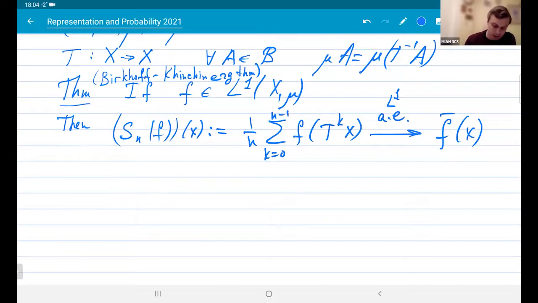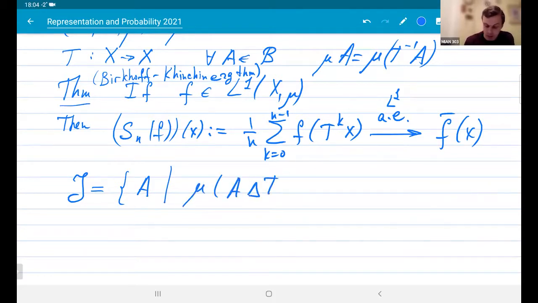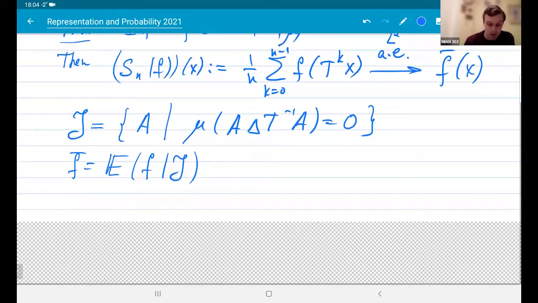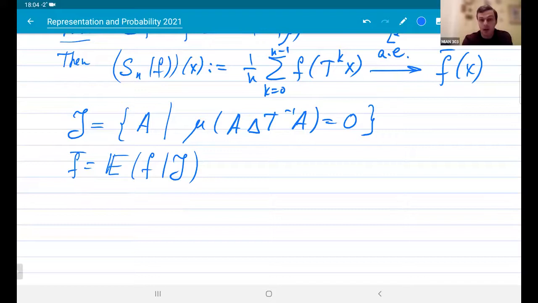We have said that if we consider the sigma algebra I of all invariant sets, or maybe almost invariant sets, then f bar is a conditional expectation of f with respect to this sigma algebra. And the nicest case is when this sigma algebra is trivial.